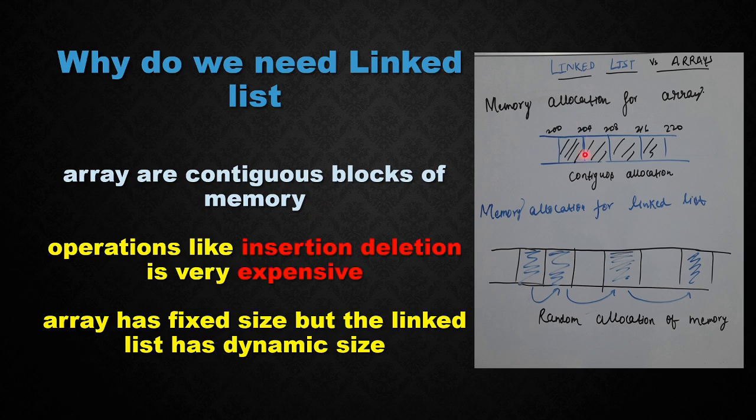If you see the image on the right side, we are comparing linked list versus arrays on the basis of dynamic memory allocation, that is, how memory is allocated for the array and how it is allocated for the linked list. The memory allocation for the array is done in a contiguous fashion; the space for each and every element inside the array will be contiguous.